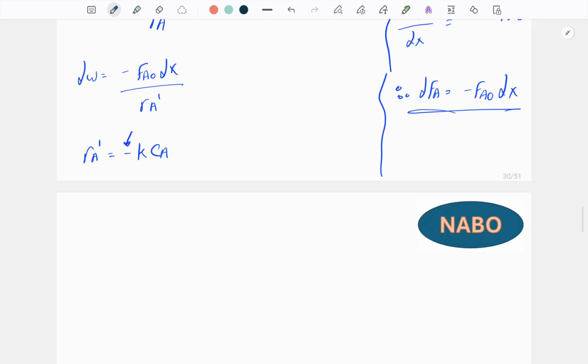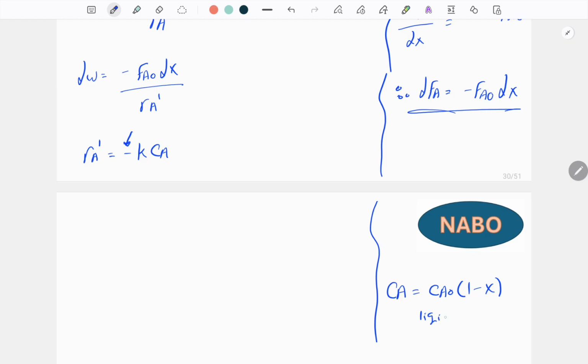Also for Ca, we can do that down here. Ca equals Ca naught times 1 minus x. This is only true when we're dealing with liquid phase. For this derivation, we'll assume we're working with liquid phase.